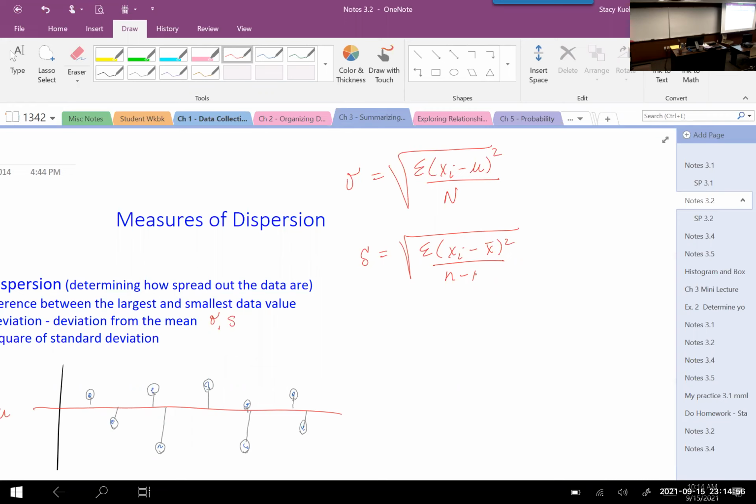Squared. All right. So variance says I'm going to take the standard deviation and I'm going to square it, right? So variance would simply be sigma squared or s squared. It's the square of the standard deviation.